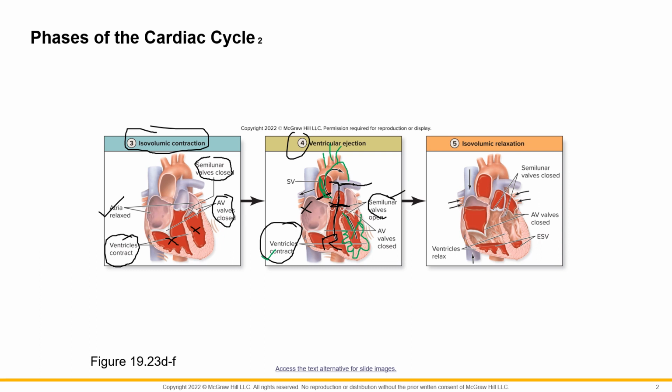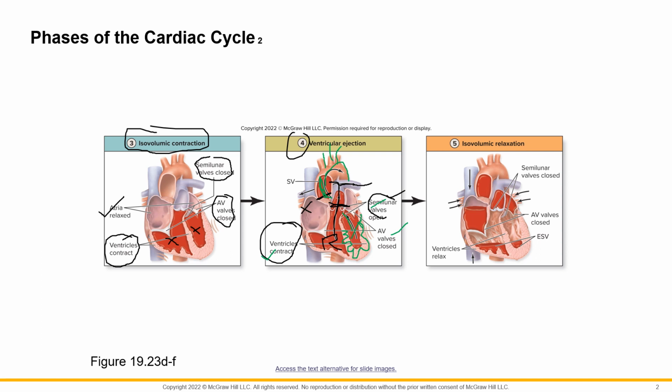So step number 4 is ventricular ejection. To recap here, AV valves remain closed, semilunars open, and ventricles squeeze to allow blood to go through each of the respective semilunar valves and into either the pulmonary trunk or the ascending aorta.